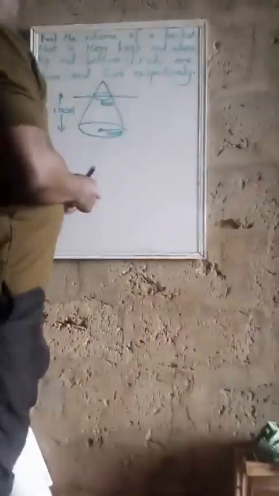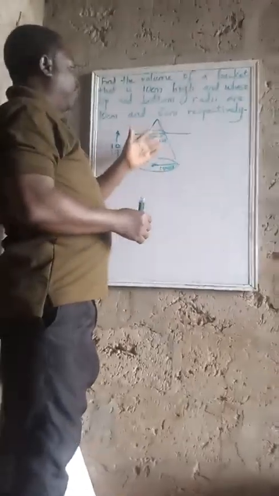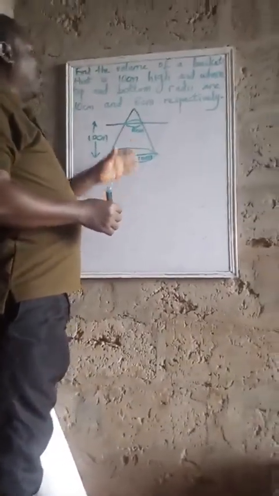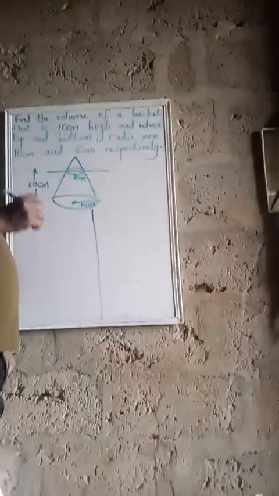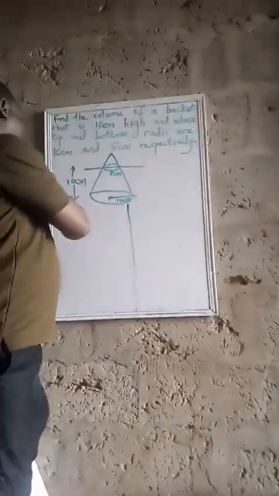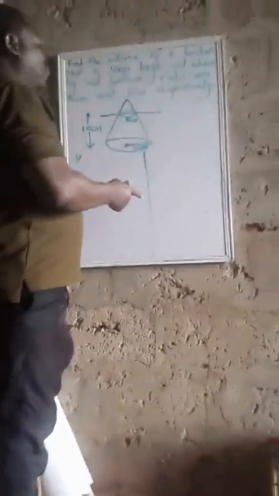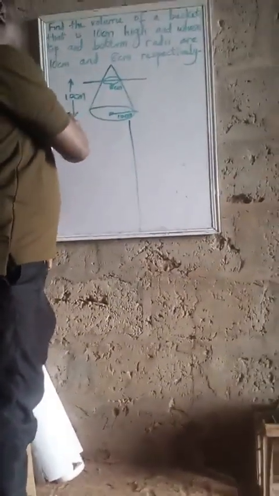So in order to find the volume of this bucket, we need to find the volume of the whole cone. The volume of a cone is given as 1/3 pi r square h. But because we want to first find the volume of the big cone and the volume of the small cone, we want to find the difference between the two.